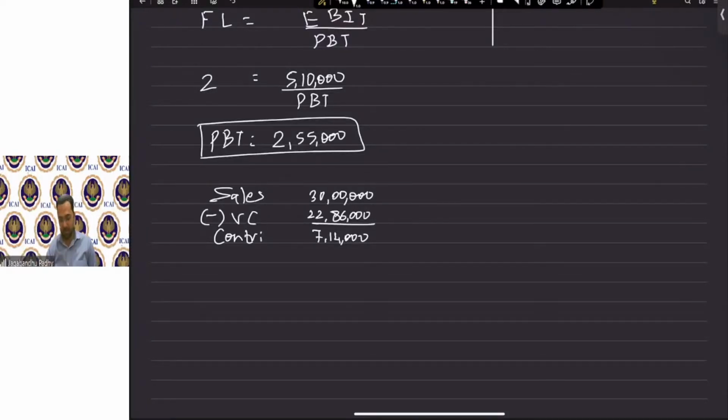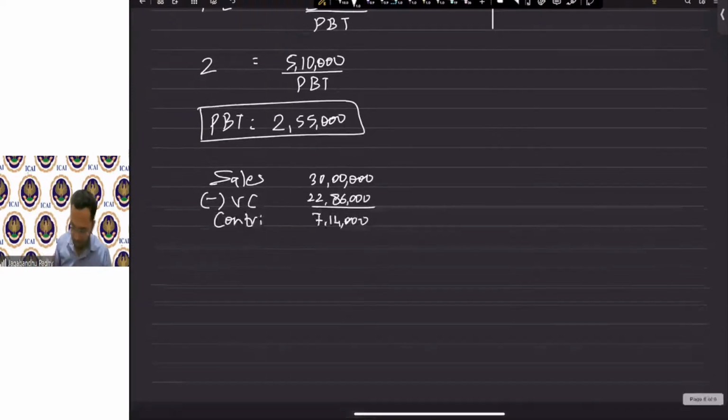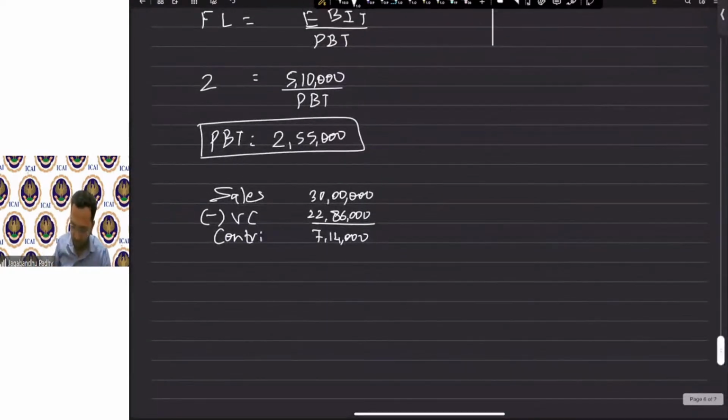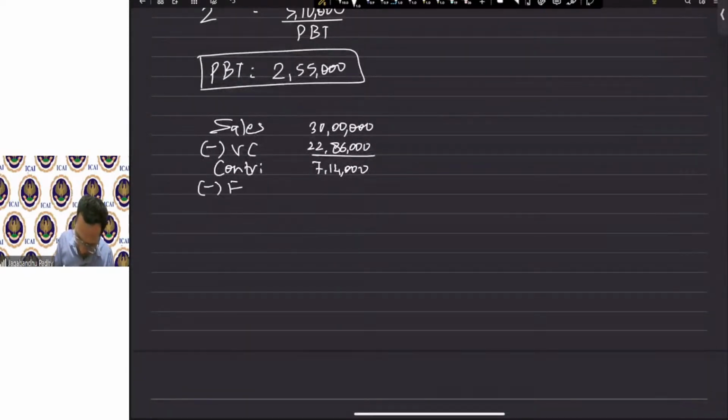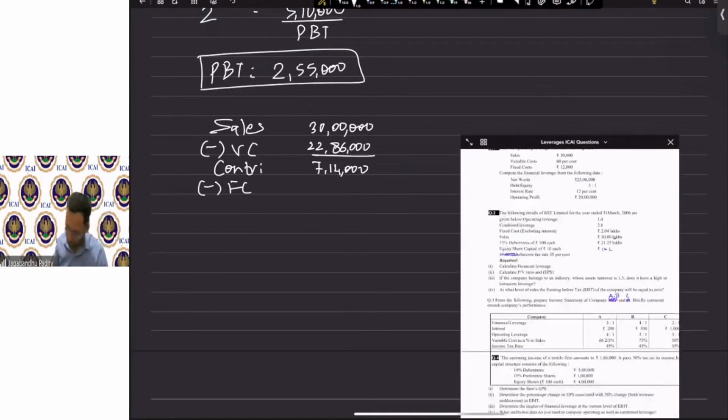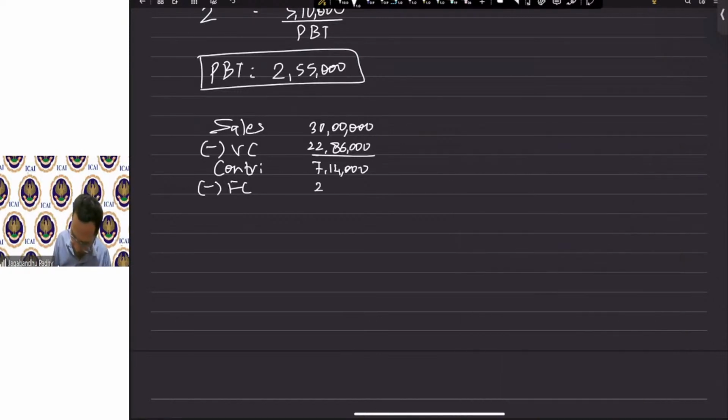Sales is 30 lakh less variable cost of 22 lakh 86,000. We get a contribution of 7 lakh 14,000. From that, we reduce the fixed cost. Did we get a fixed cost? Yes, 2 lakh 4,000. We get an EBIT of 5 lakh 10,000.